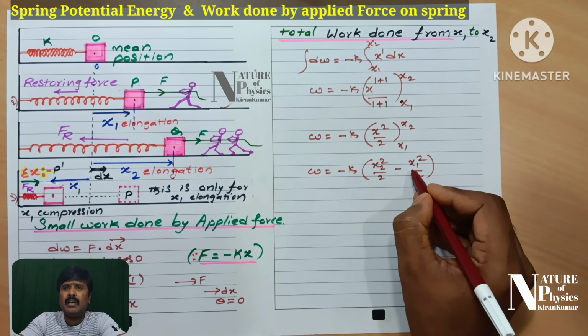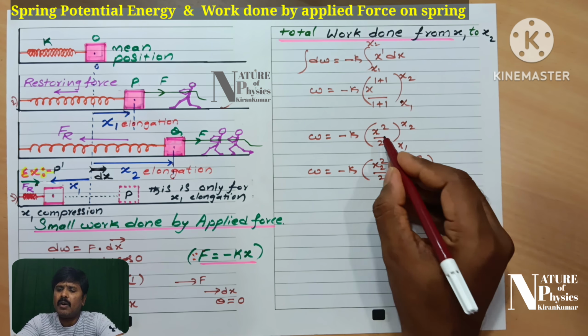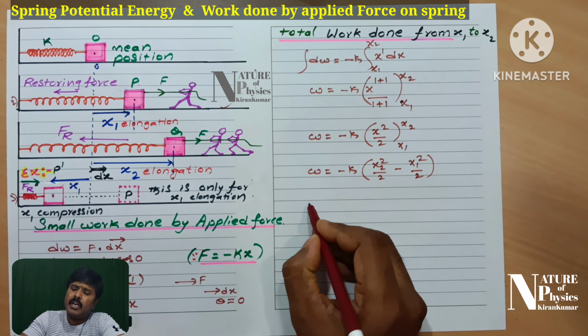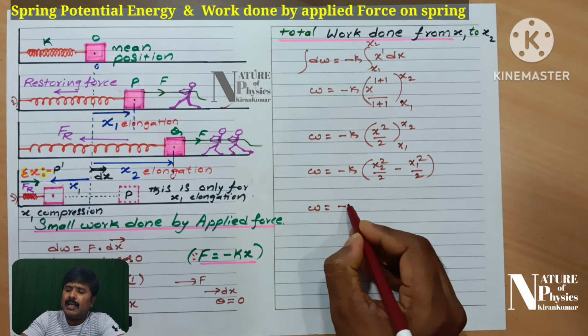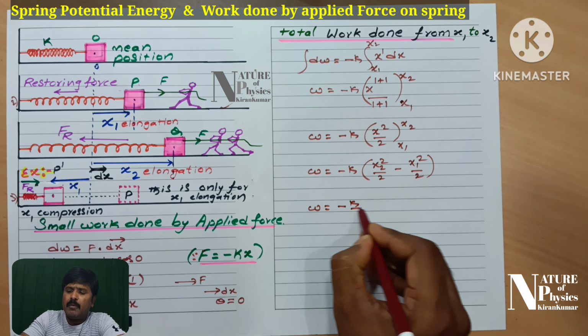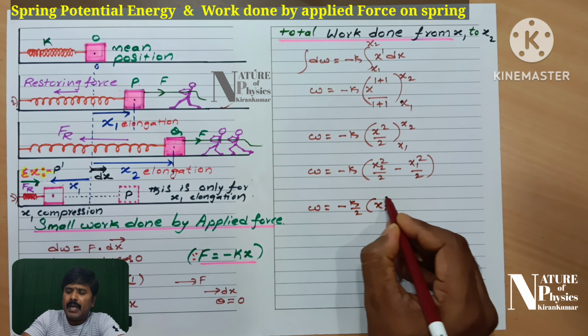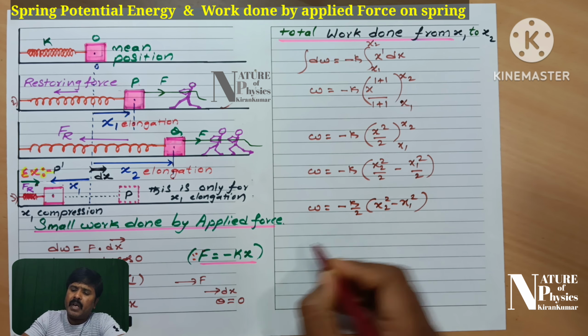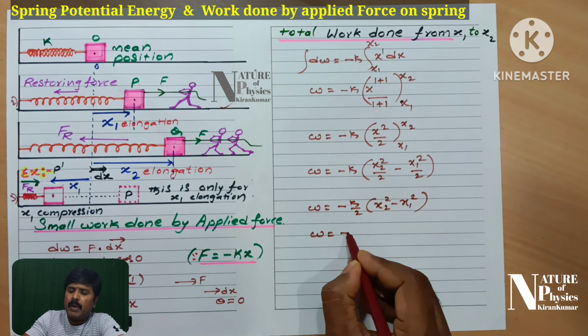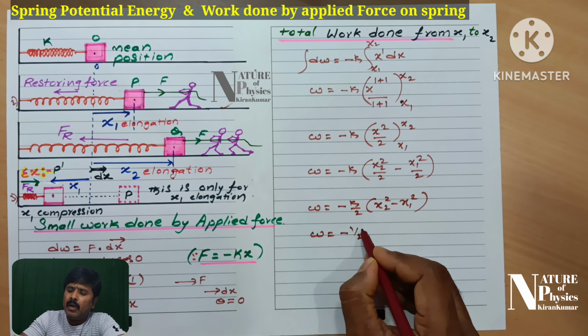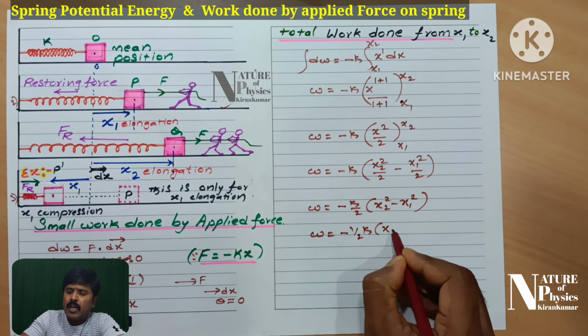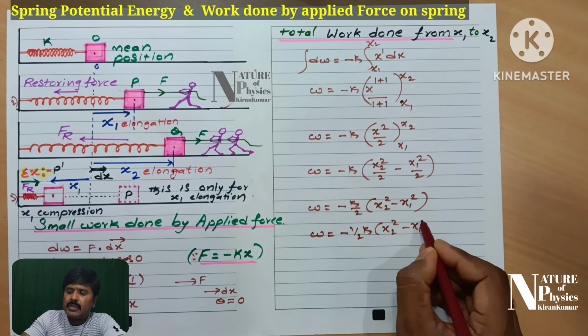Upper limit minus lower limit, replacing according to the formula, so W is equal to minus k divided by 2 into x2 square minus x1 square, and W is equal to minus half into k into x2 square minus x1 square.